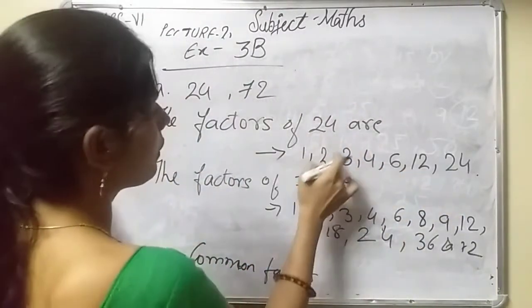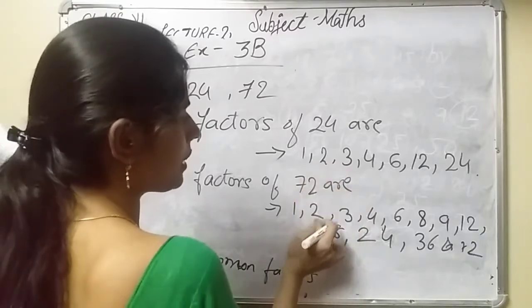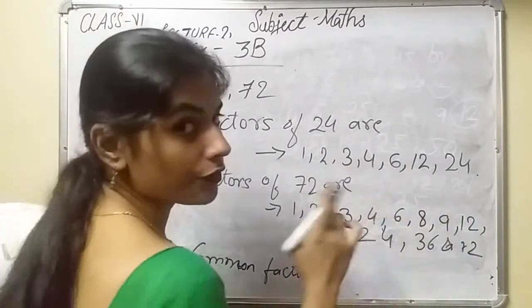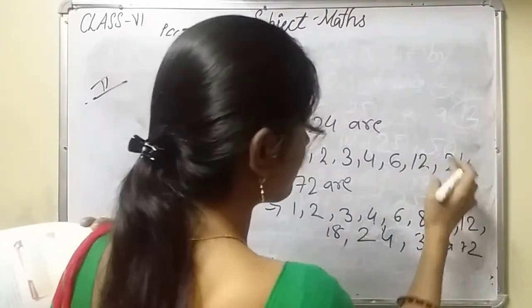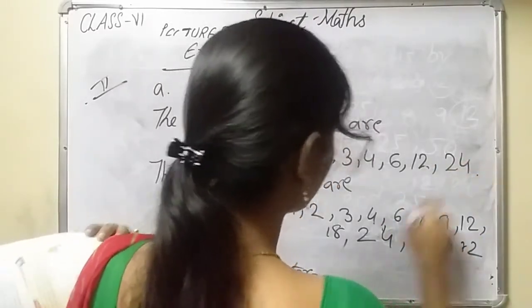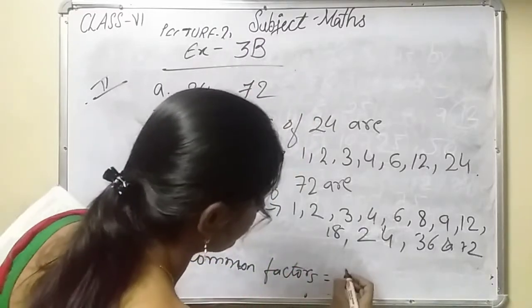Now see, 1 is there, 2 is there, 3 is there. Common factors we have to find. 6 is there, 8 is not there, but 12 is there, 24 is there.